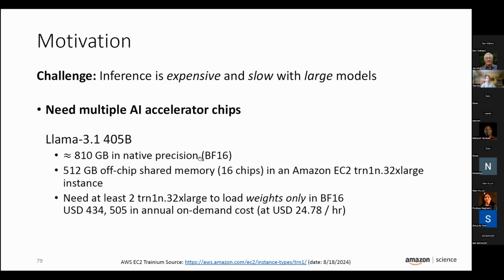If you implement this with 16-bit brain float, that's going to be 810 gigabytes just to copy the weights to memory, not even to do any work on them, just to copy them. And so there are no 810 gigabyte GPUs. You're going to have to split it up and do parallelism, and so on.